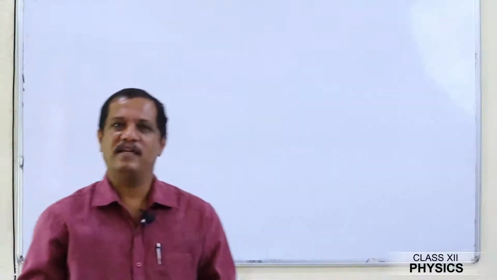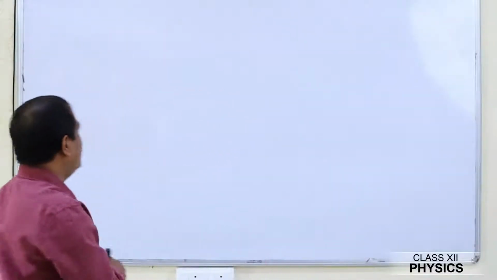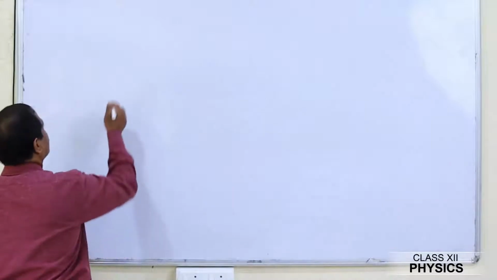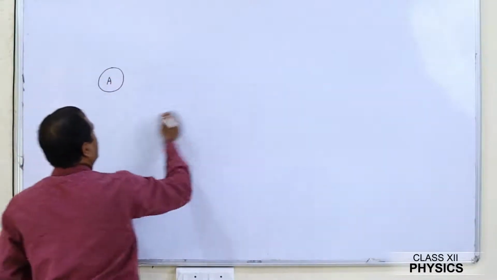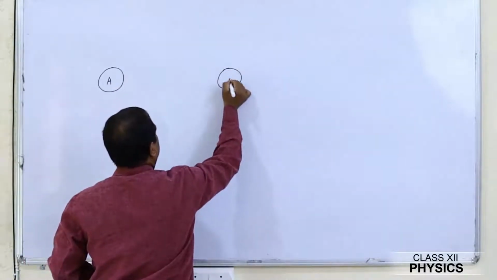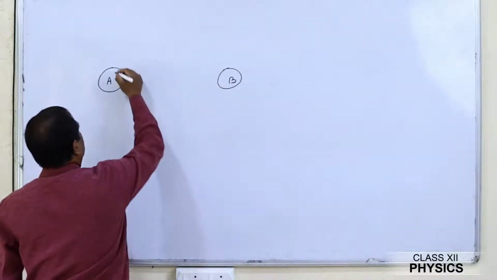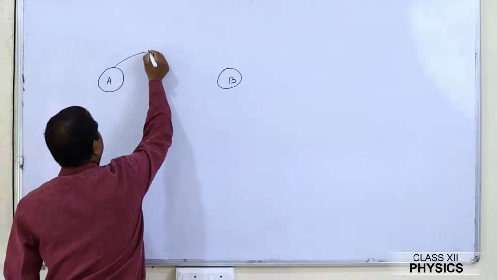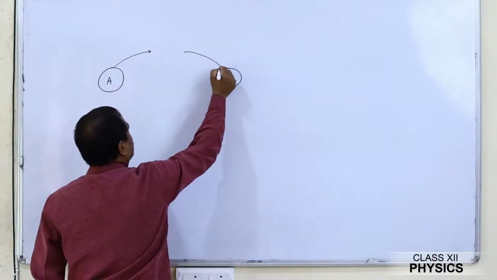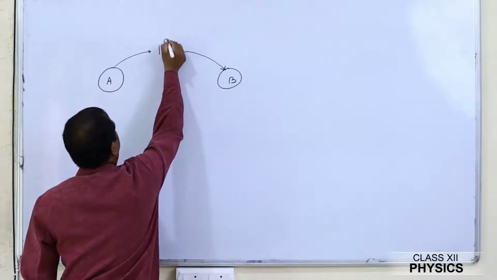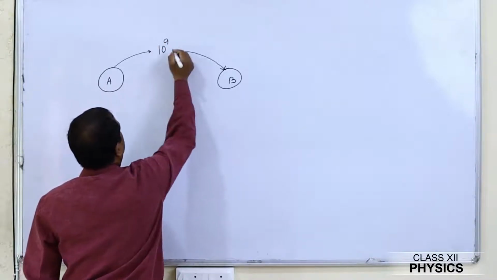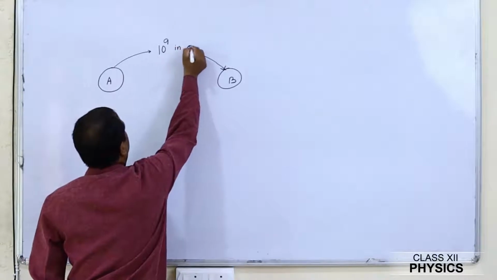Let us move on to the next problem. Let us assume that we have a body A and another body B. And let me assume that from this body, electrons are being taken to this body at a rate of 10 power 9 electrons in 1 second.